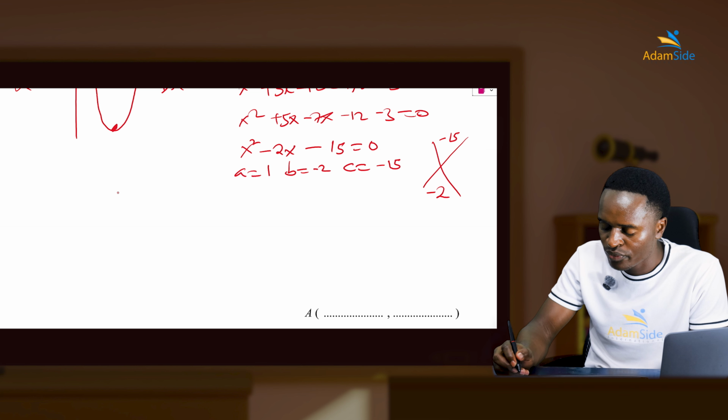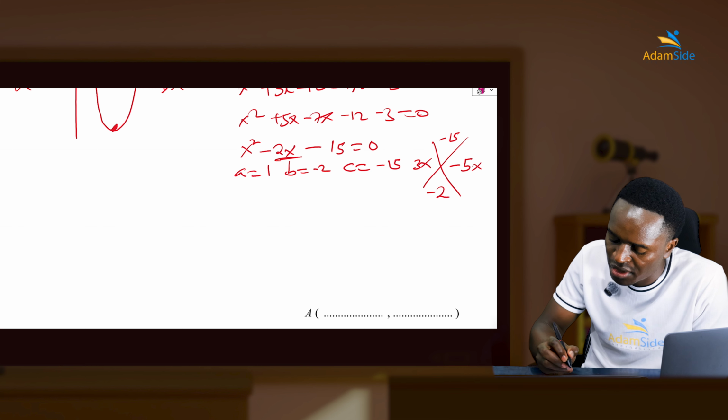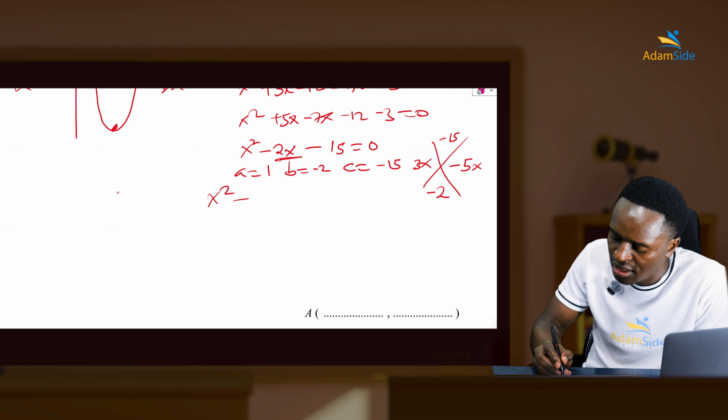Obviously, one will be negative 5x, and the other positive 3x. Now, you split the middle, so we have x squared plus 3x minus 5x minus 15 is equal to 0.